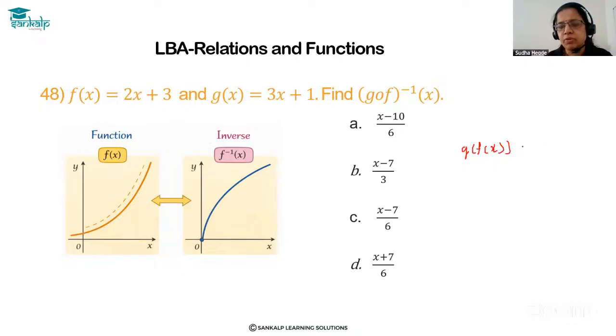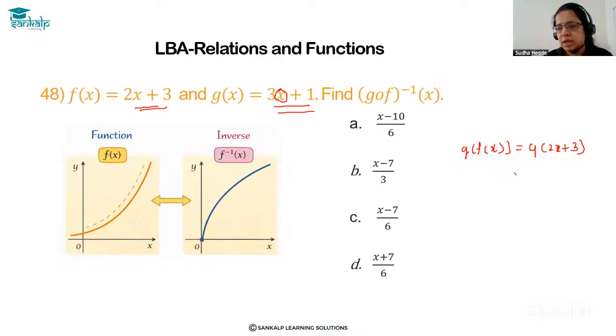What is g of f of x? Given f of x is equal to 2x plus 3, g of x is equal to 3x plus 1. This is equal to g of, what is f of x? 2x plus 3. Correct? So, g of 2x plus 3. G of x is 3x plus 1. Here, in place of x, you put 2x plus 3.